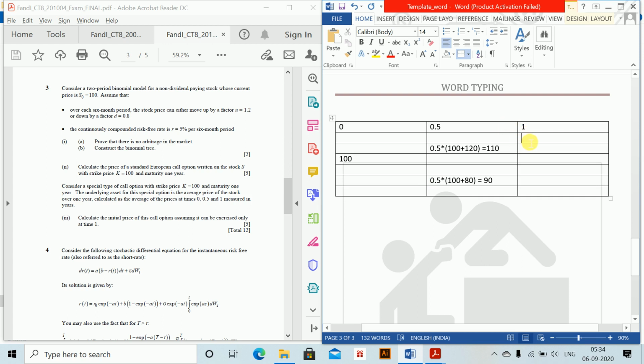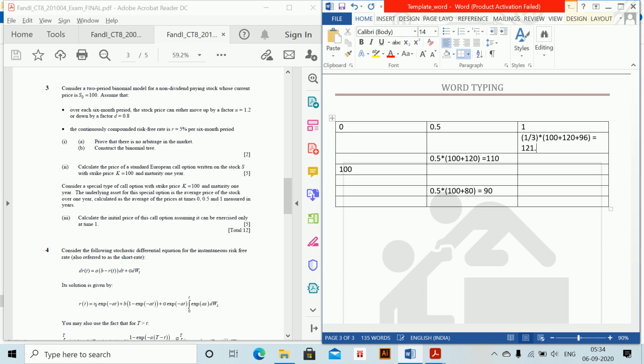Then you have this going up. So going up, this is equal to 1 by 3 into 100 plus 120 plus 96, which is equal to 121.33.